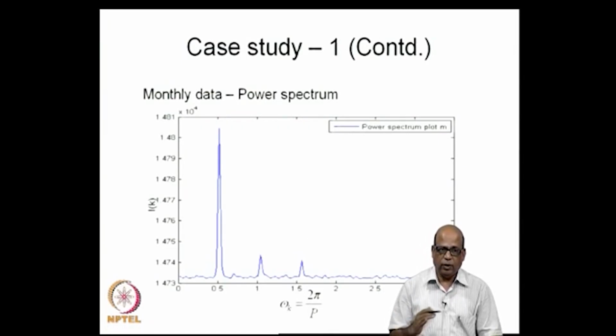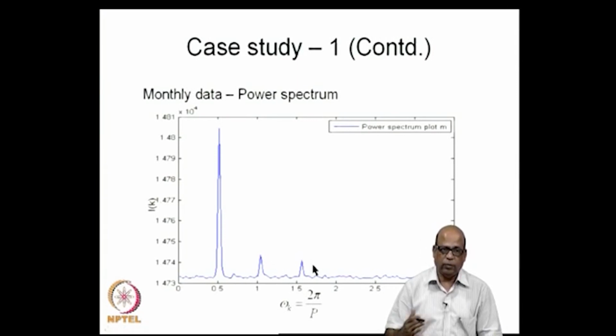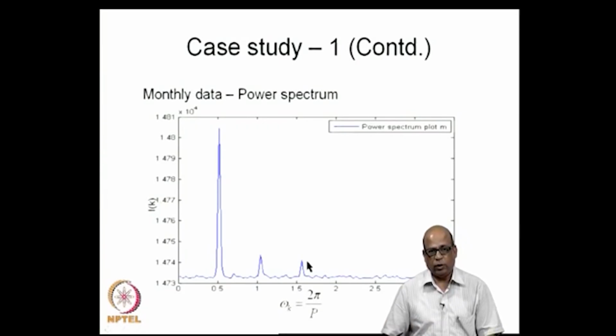As I mentioned earlier, while the spectral analysis brings out the fact that there are certain periodicities present in the data, whether these periodicities are in fact significant or not we need to test separately. This information only indicates that there is a 12-month, 6-month and 4-month periodicity here.